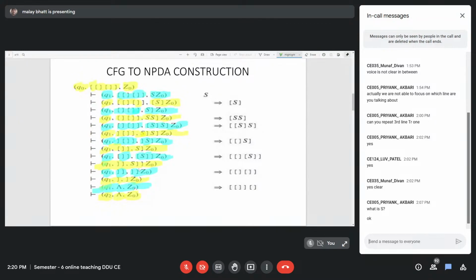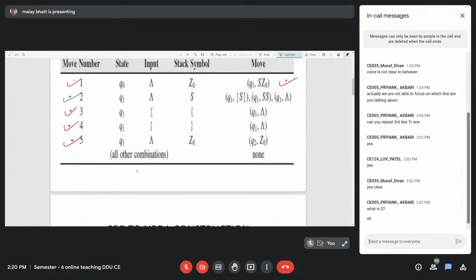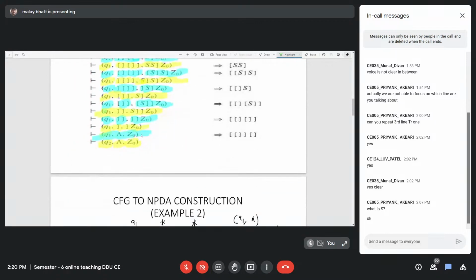So now we have step number 11. We are removing S from the stack using rule 2, Q1 null. Then we have pop rules applicable.